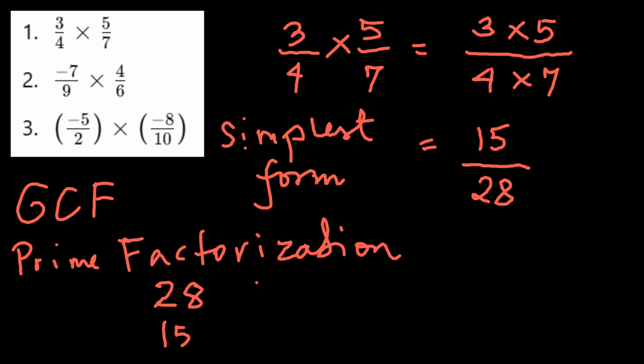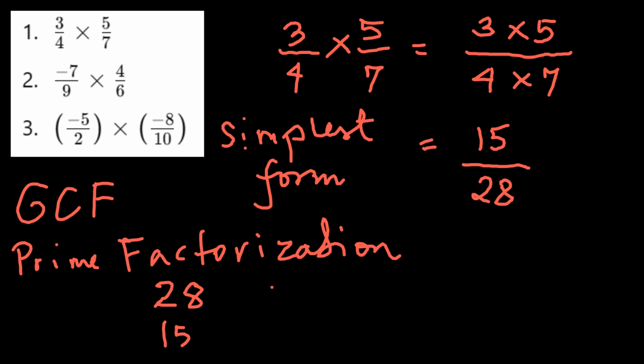So we have to list down all the factors of each number. Also, remember to disregard the sign, if we have a sign. But in this case, both of them are positive. So let us list down the factors of both numbers.